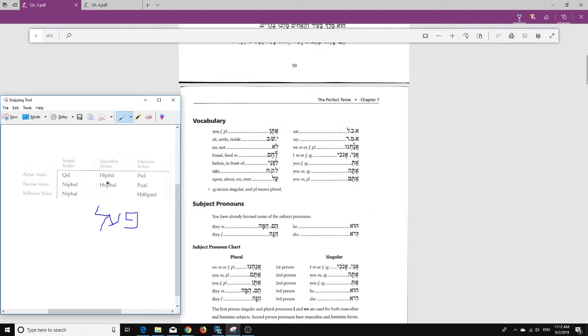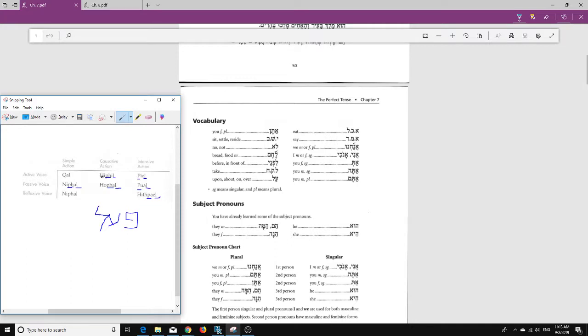Sorry for that writing. But you can see here's that pay. The ayin doesn't really transliterate in English, and then there's a lamed. So pay, ayin, lamed, on and on like that.